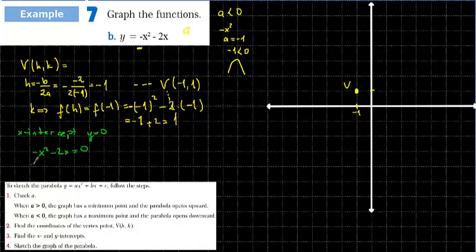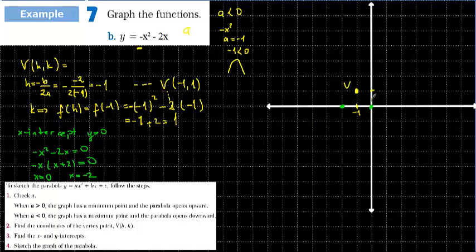If you factor out minus x, it's going to be minus x times (x plus 2) equal to 0. So x is equal to 0, minus 0 cannot be, that's why it's 0, and x is equal to minus 2. So the x-intercept points are one of them 0 and one of them minus 2.